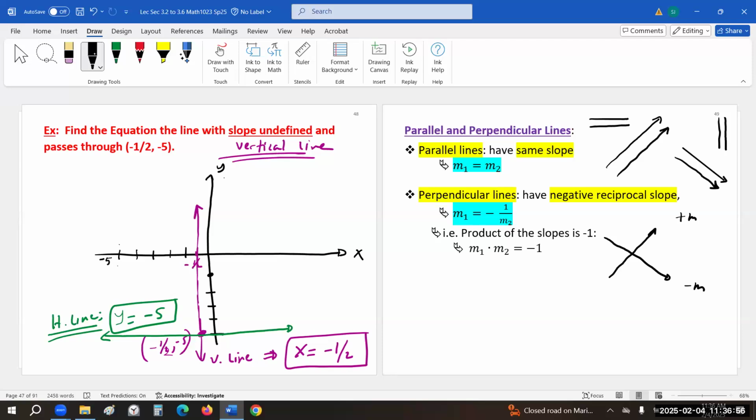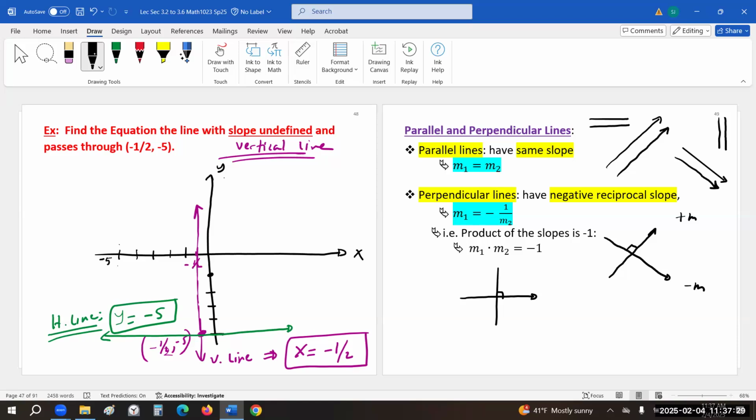Their sign has to be different, and the number must be flipped to guarantee this intersection to have a 90-degree angle. If one line is going horizontal, its perpendicular must go which direction? Vertical. So you have a 90-degree angle.